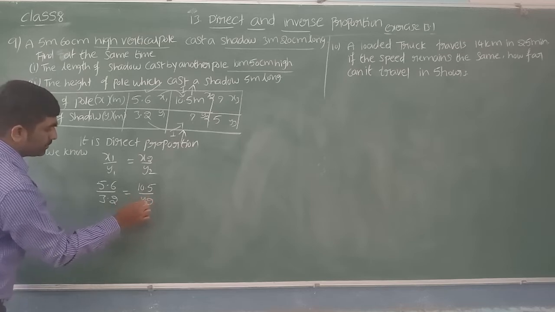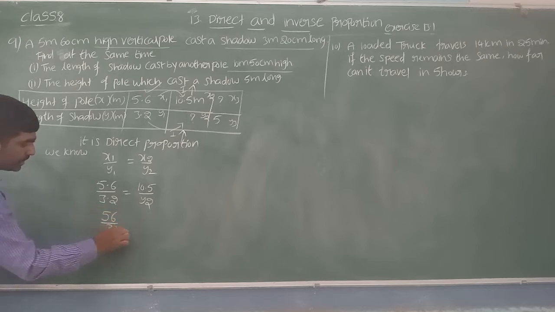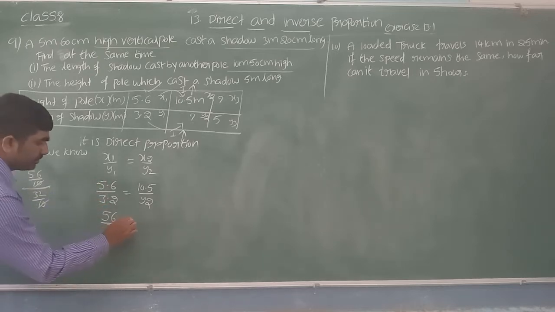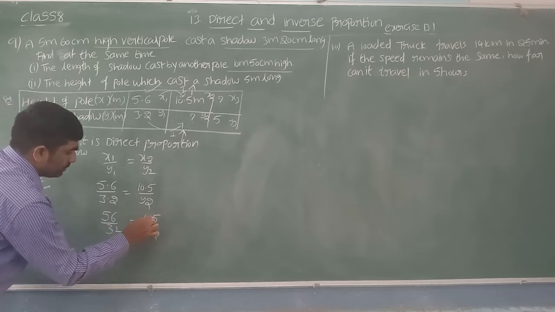With a single digit after the point, we can neglect the point and write 56 by 32. How? 5.6 we can write as 56 by 10, 3.2 as 32 by 10, and the 10s cancel, so we get the same. When they are like decimals, we can avoid the point. And this will be equal to 10.5 by y2.